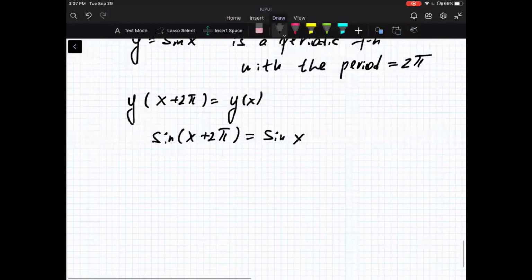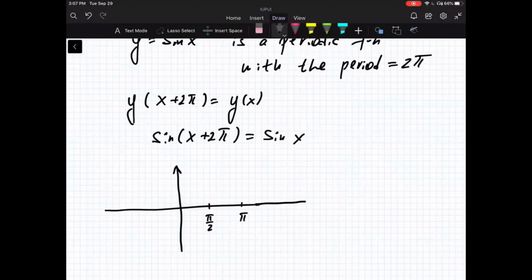If you consider just sine of x, then it's enough to draw the graph on the interval from 0 to 2 pi because it's periodic, and then we just repeat the picture. At 0 it's 0, at pi over 2 it is equal to 1. Again, the easiest way for me at least is to use the unit circle and see what happens with the y coordinate of the point when you change the angle.